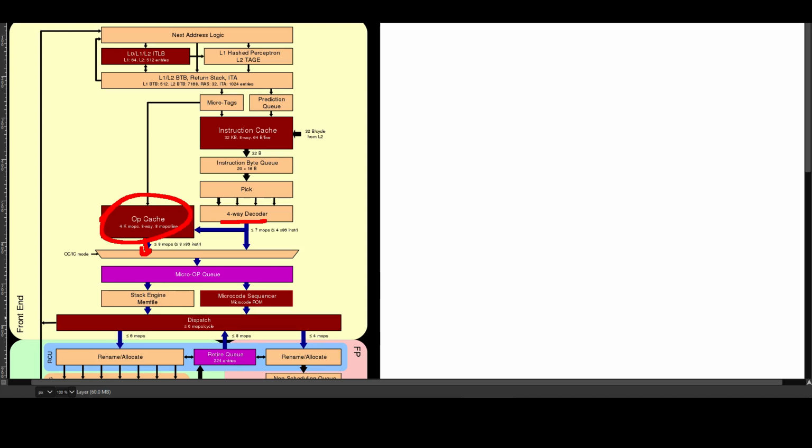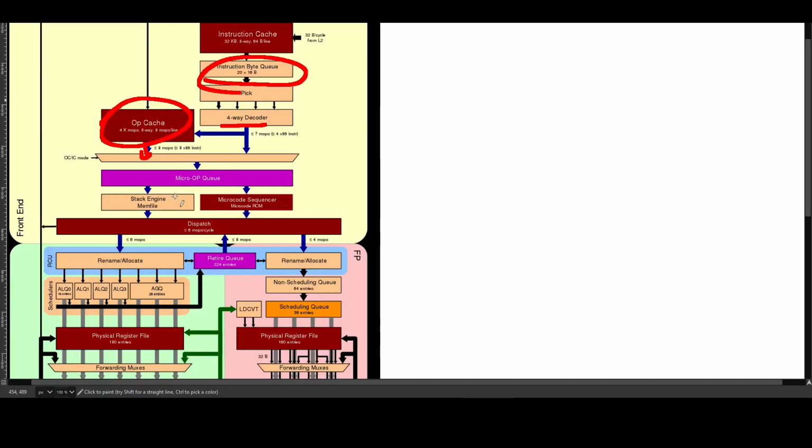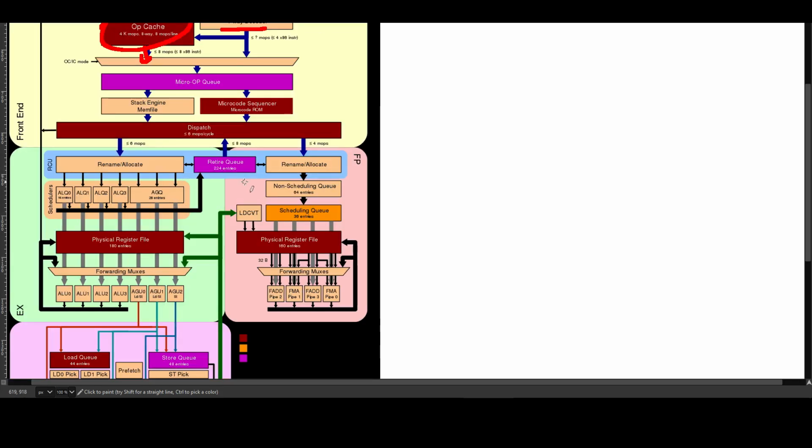The first thing I expect to see is this instruction byte queue has to be lengthened. Secondly, I think adding a longer reorder buffer, same as was done with Sunny Cove, is going to help a lot, because AMD obviously will want to compete as well in the laptop market, where a lot of the tasks that are more important, we're talking about stuff like these Excel tests, web browsing, and stuff like that.